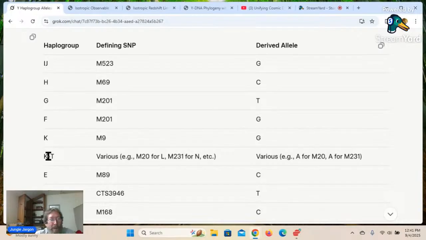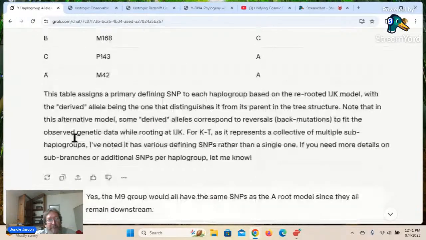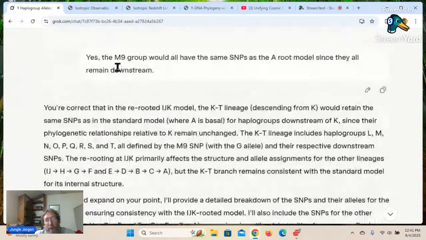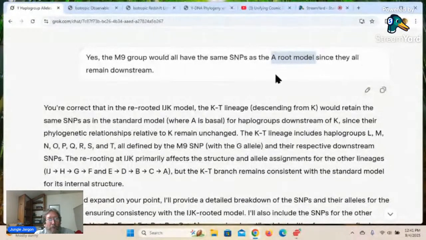Anyway, then I explained that detail. I said, yes, the M9 group would all have the same SNPs as the A root model, since they all remain downstream.